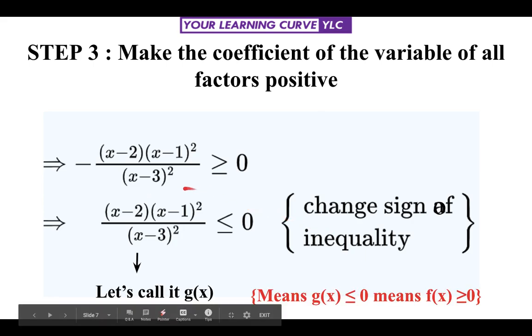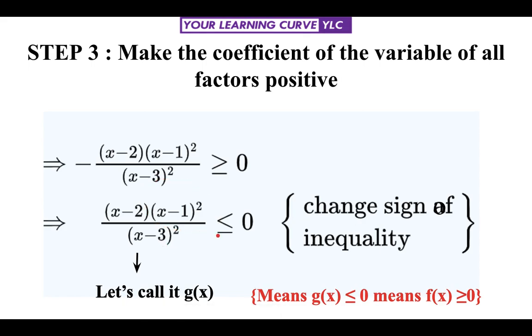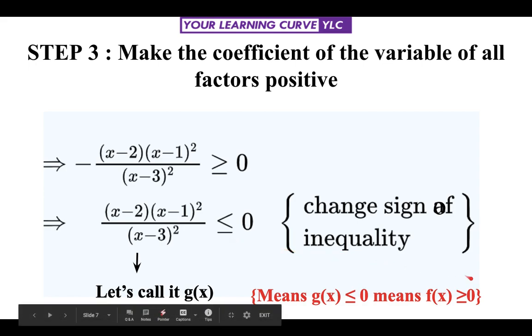So after solving this, we get this function. Let's call this function g of x. We are changing the name of the function because we will now be calculating g of x less than or equal to 0, where we were supposed to calculate f of x greater than or equal to 0. But understand that by solving this inequality f of x greater than or equal to 0, we reached at g of x less than or equal to 0.